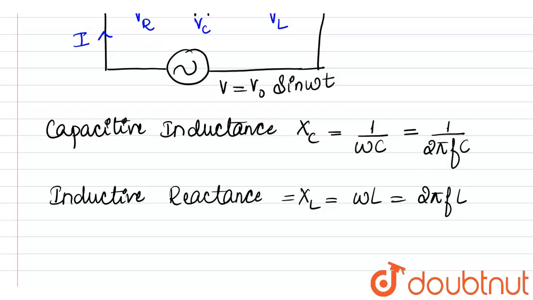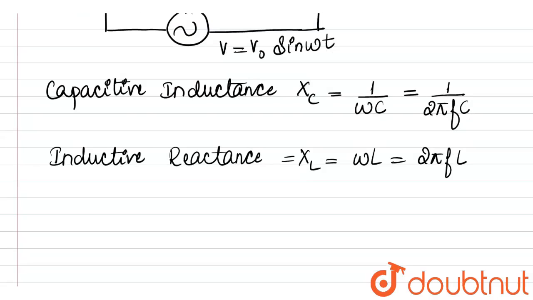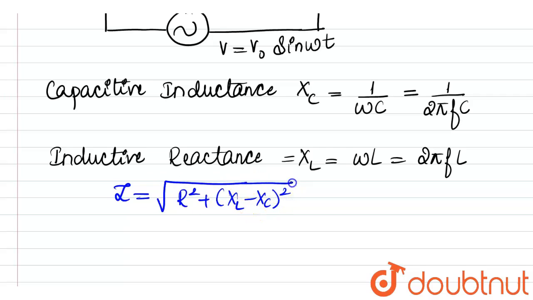If we are talking about the total reactance of the circuit, the total reactance will be the difference between the capacitive and the inductive reactance, and the total impedance in the circuit is given by square root of R square plus XL minus XC the whole square. So this will be the impedance in the circuit.